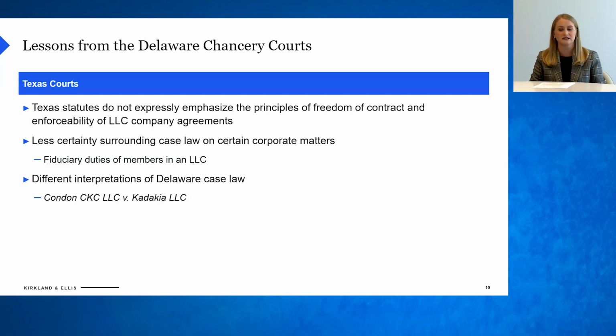There have been a couple of instances in appellate courts where they have provided a bit of guidance on that, but there is a long line of varying ideas on how member-to-member fiduciary duties play out. And so, just generally, there will be a greater certainty over corporate matters than there is at this point in time.